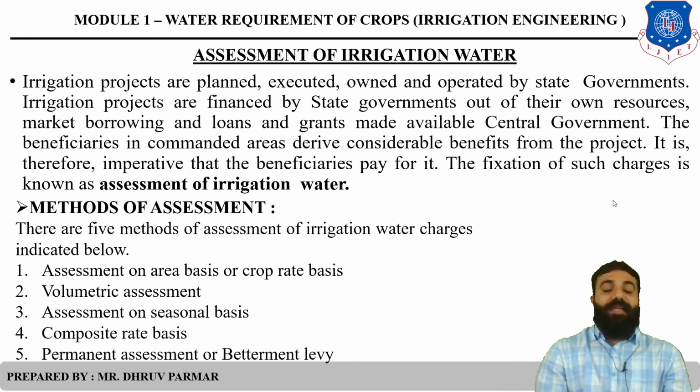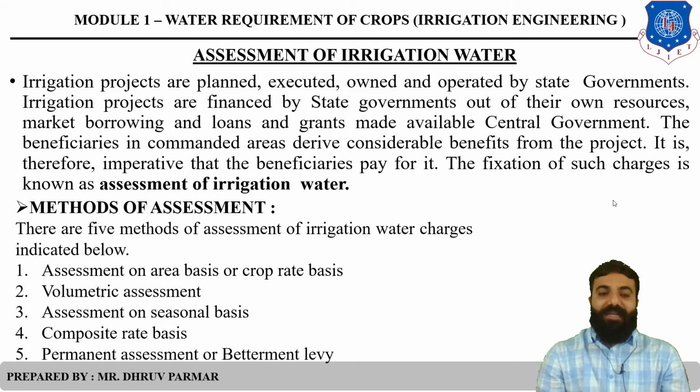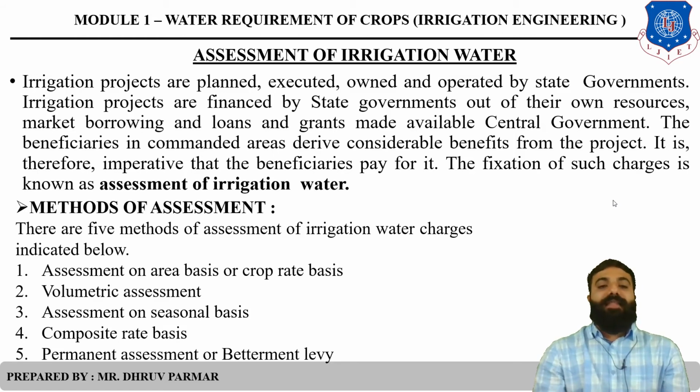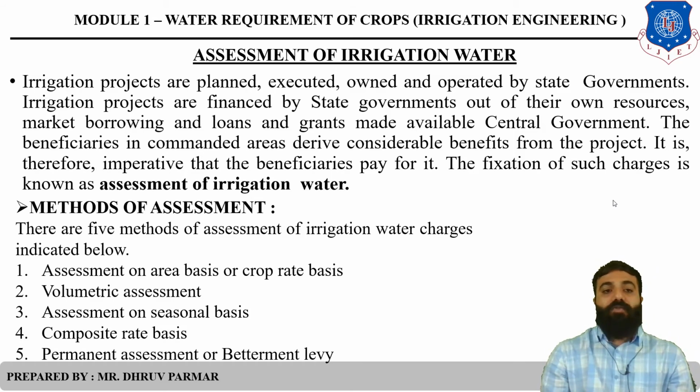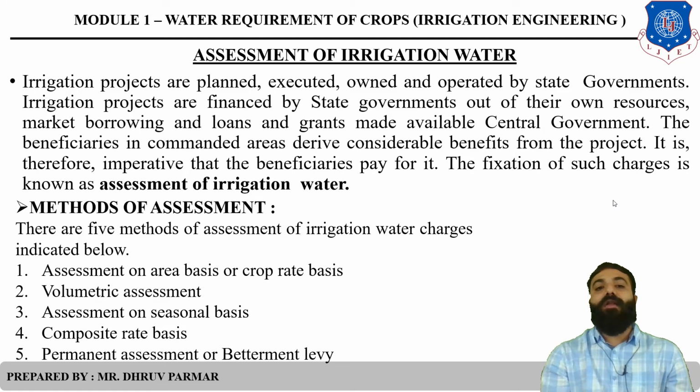Clear? The area is measured by the jiledar, deputy collector, or canal officer. Clear? Then tax is applied on the area basis. Clear? So that method is called assessment on area basis. Otherwise we can say crop rate basis.